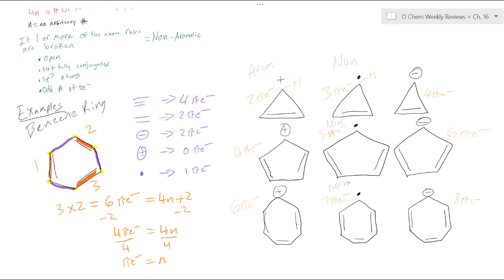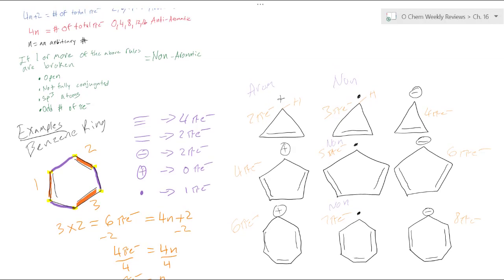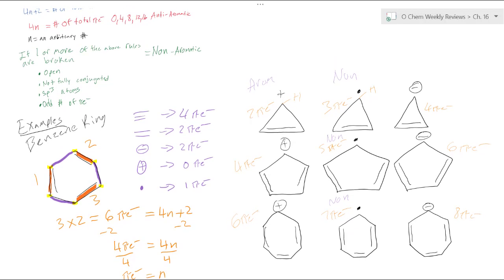So 4n, if you remember, if I scroll up, it's going to be anti-aromatic. So this one is anti. Again, I see another 4 pi, anti. And then I see an 8 pi, which is anti-aromatic. And then lastly, I'm left with two 6 pi electrons, so it's going to be aromatic.